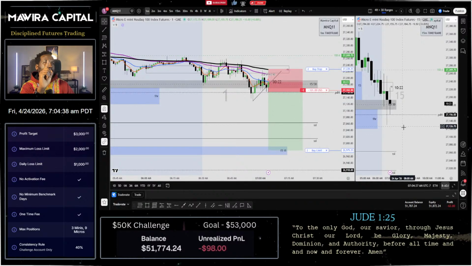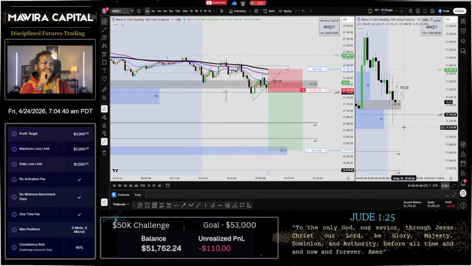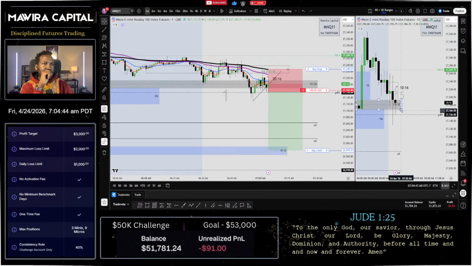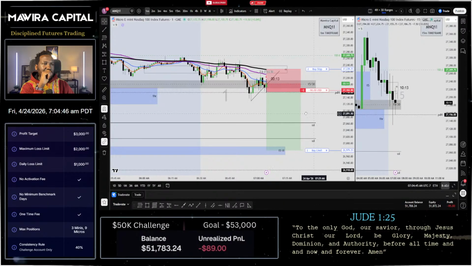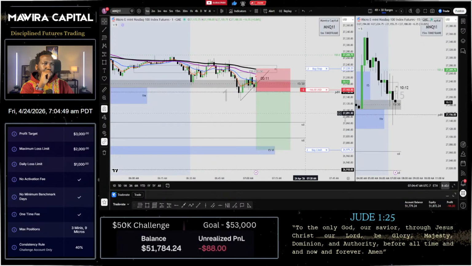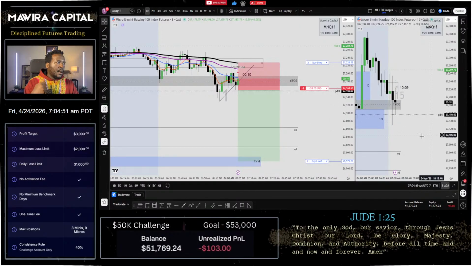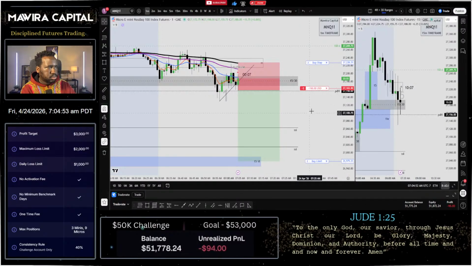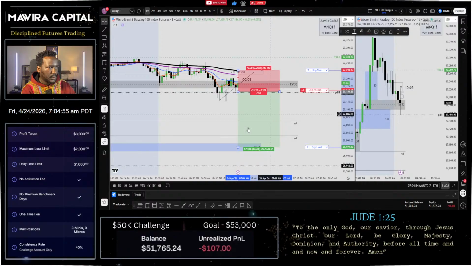And here's the thing though, if I could just wait for closure below this zone, and then I get the trade, I'm gonna feel some type of way, bro. What is this now? Why did I take that trade, honestly?